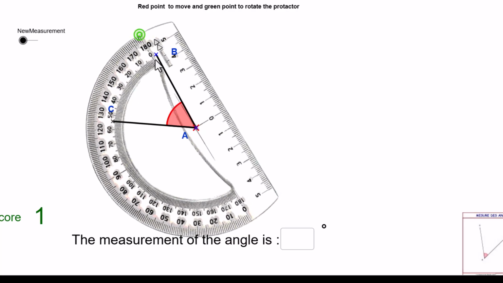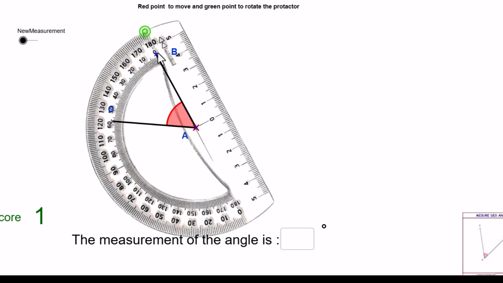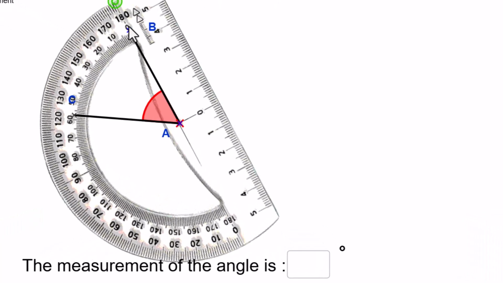So I need this arm of 0 to be at this point. So this is 0 standing on this arm. So you see the 0 and the center point of the protractor, they are on this line. From here you can read it like this. Now let's read it like this, which is 0, 10, 20, 30, 40, 50.